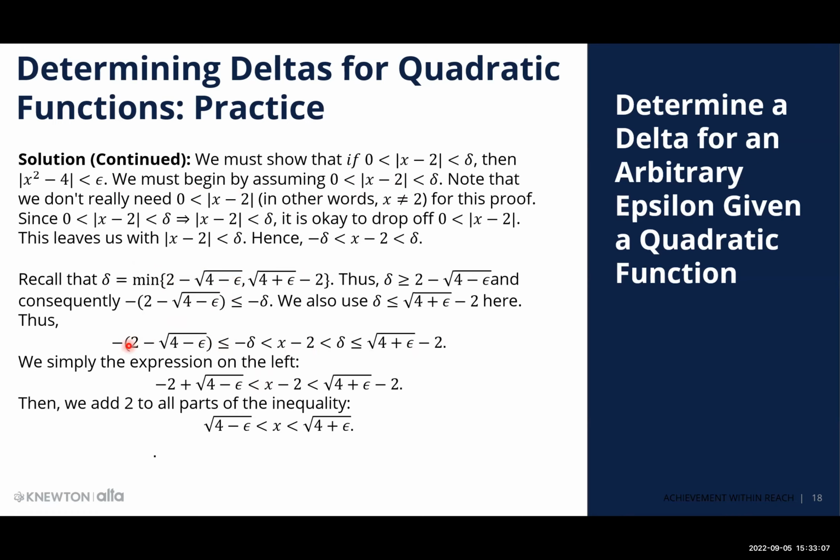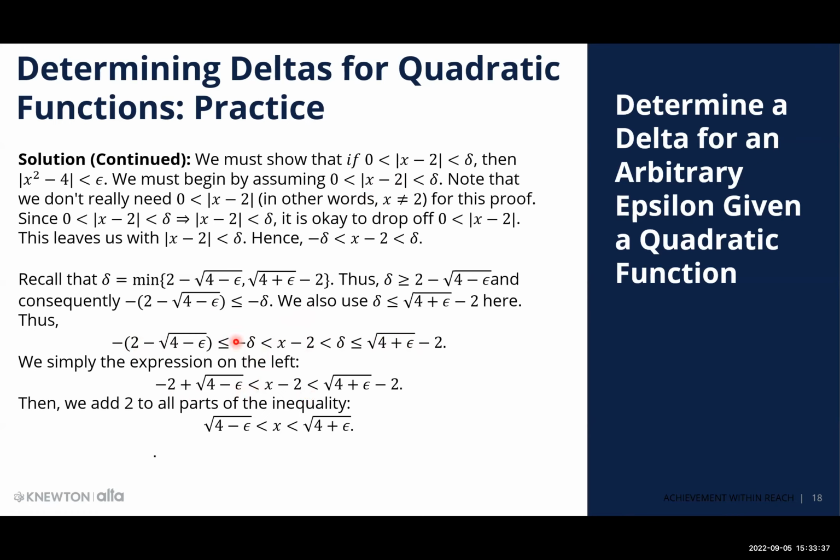Okay, where we took the assumption and wrote it out with a minus delta and the delta, took it out of the absolute value. We take our two possible deltas, and then with a little bit of algebra, the first step is to distribute the minus sign on the left.